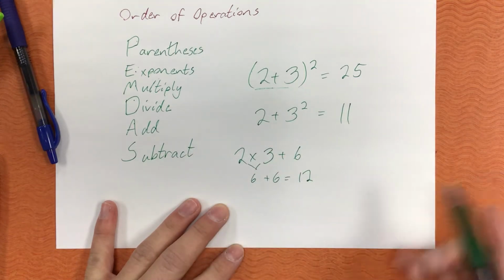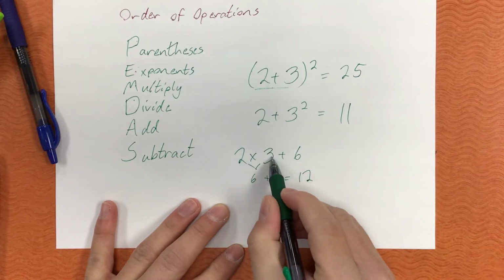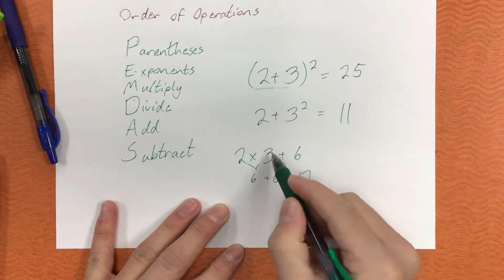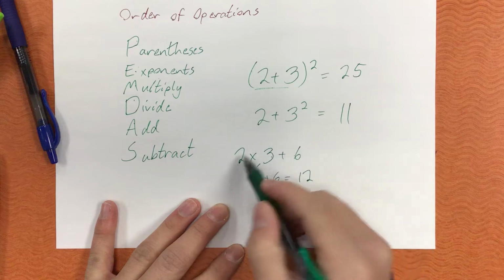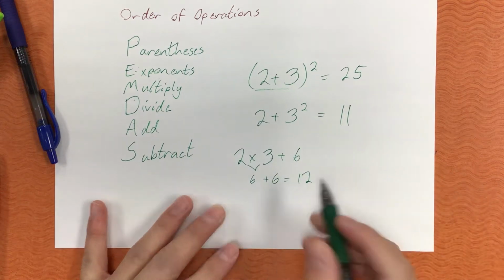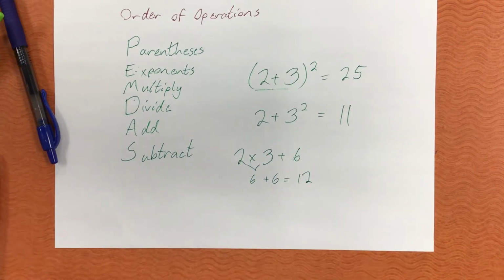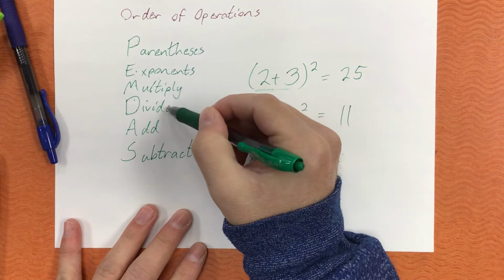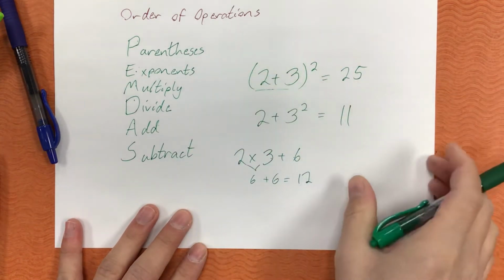That's the correct way to do it. Let's say I did it this way: 3 plus 6, doing my add before my multiply, so that's not right, but 3 plus 6 would be 9. 2 times 9 is 18. See, I'm getting a different answer. It just doesn't work. You have to do it in that order. So you're always going to go parentheses, exponent, multiply, divide, add, and subtract.